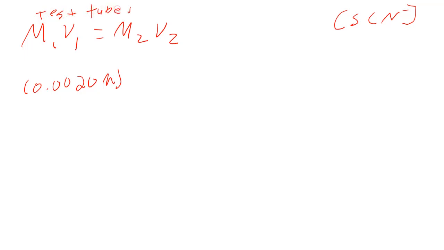Your concentration of potassium thiocyanate will not be the same for all 4 of your test tubes. In the first test tube, you're going to add 2 milliliters of potassium thiocyanate, and you're going to dilute that to a volume of 10 milliliters.